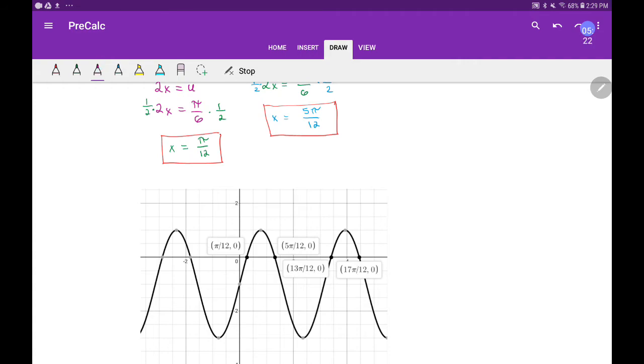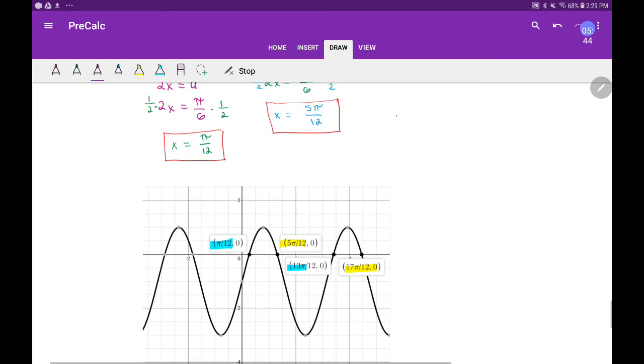We added 12 to get from 1, and it looks like we added 12 here as well. I add 12 to go up here, and I also added 12 to go up here.